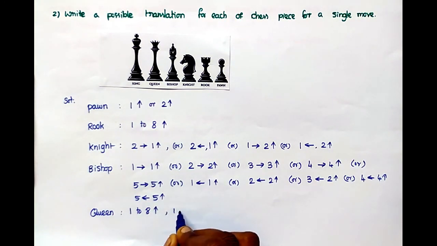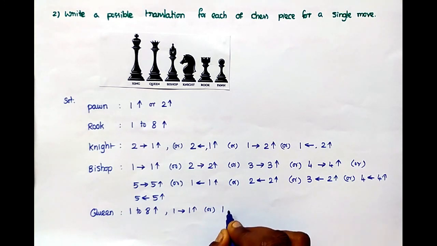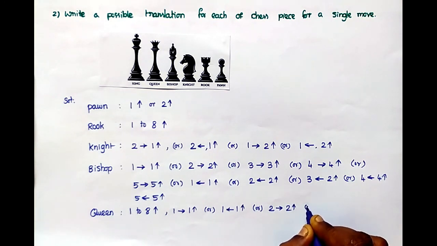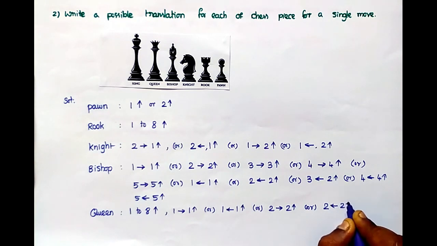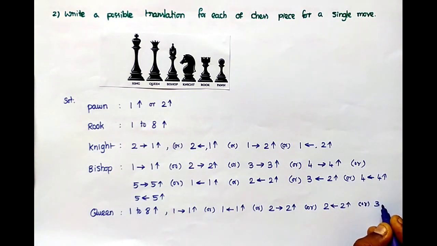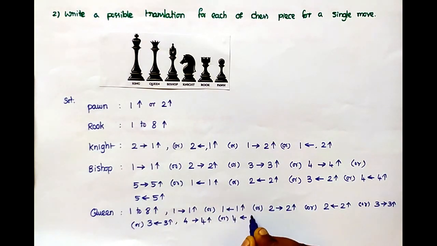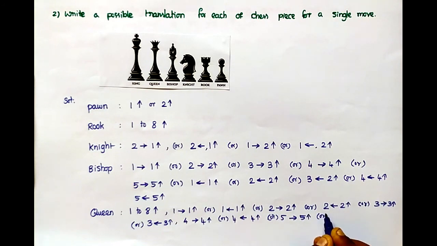Okay, now next, 1 step right side, 1 step upward, or 1 step left side, 1 step upward, or 2 steps right side, 2 steps upward, or 2 steps left side, 2 steps upward, or 3 steps right side, 3 steps upward, or 3 steps left side, 3 steps upward, or 4 steps right side, 4 steps upward, or 4 steps left side, 4 steps upward, or 5 steps right side, 5 steps upward, or 5 steps left side, 5 steps upward.